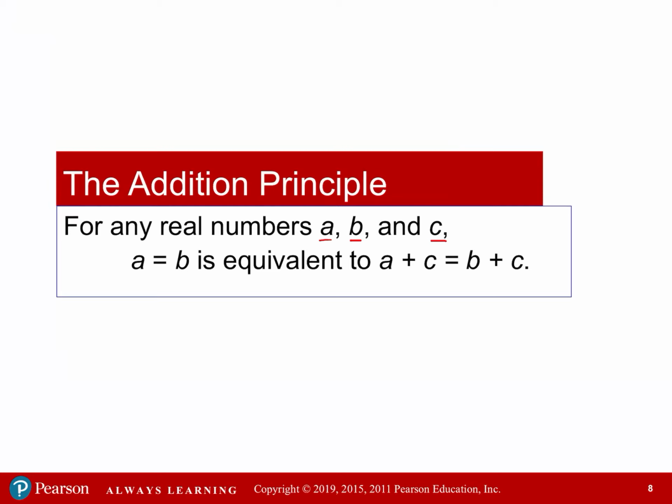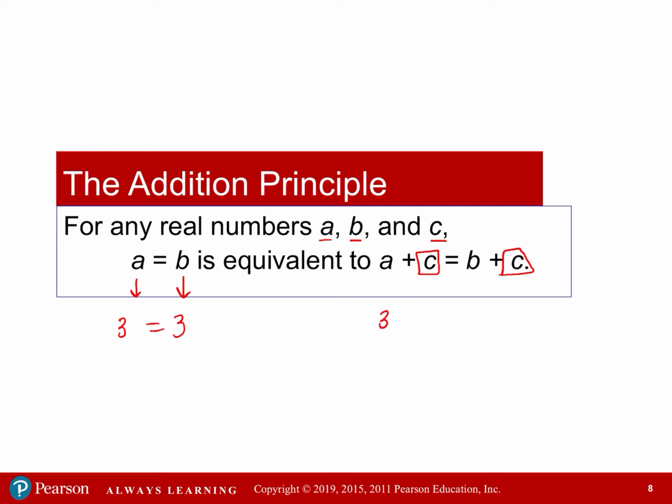So let's pick a number. Let's say 3. If I have 3 and I'm saying it's equal, 3 is equal to 3. And what our rule is saying is if I add the same number to both sides, then it will still hold that equality.